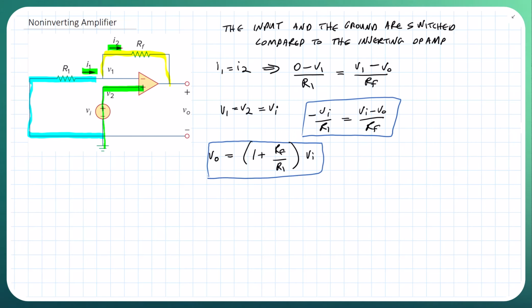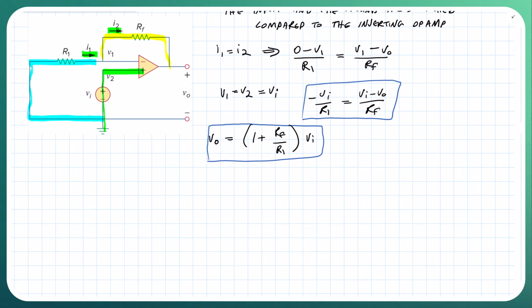Again, our voltage gain A sub V is equal to output over input, which is that equation we just came up with, 1 plus RF over R1.